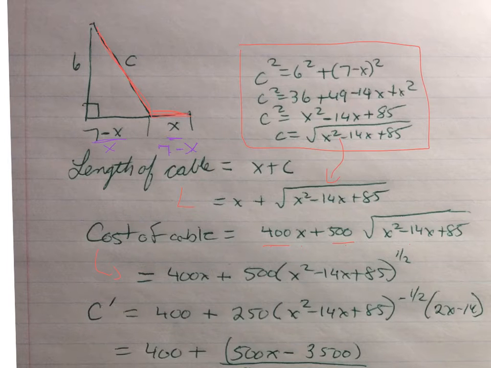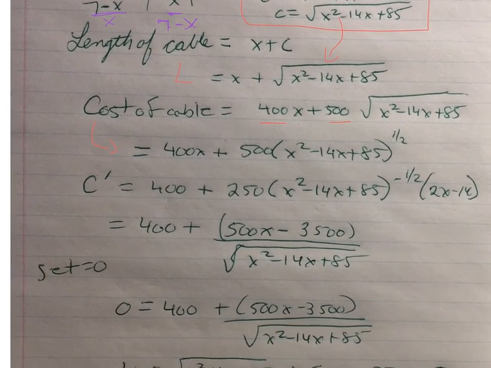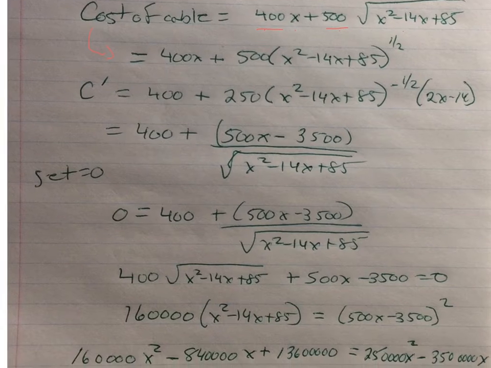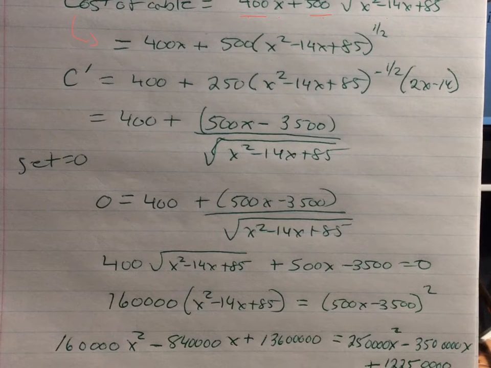So now it's time to take the derivative and try to minimize the cost by setting the derivative equal to 0. So here's what I did. I'm going to just move this up. Okay, here we are. Taking the derivative, if I did things correctly, that's what you get. And this is 2x minus 14, okay?